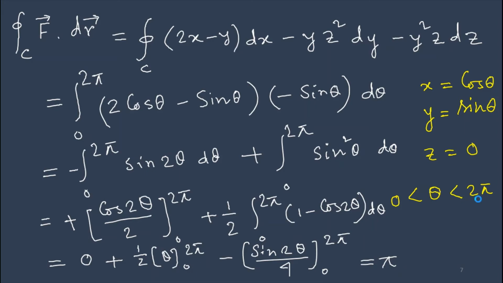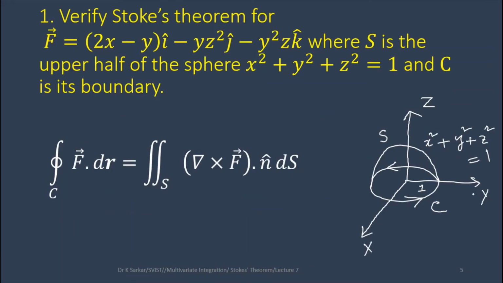Let us try to understand the limits of theta. If we take the transformation from Cartesian to polar and draw the angle theta here, then theta varies from 0 to 2 pi.